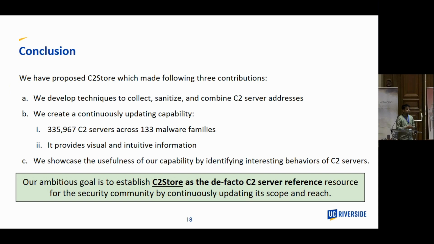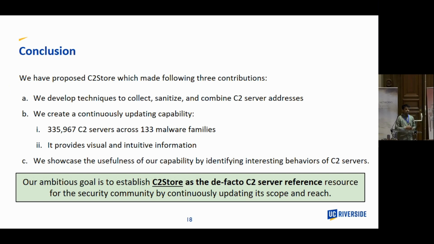So far, we have collected 335K C2 server records and tried to build a comprehensive profile which can be used for different research and security purposes. We built a platform providing visual and intuitive information, and we showcase the use cases of our platform through some measurement studies and analysis.